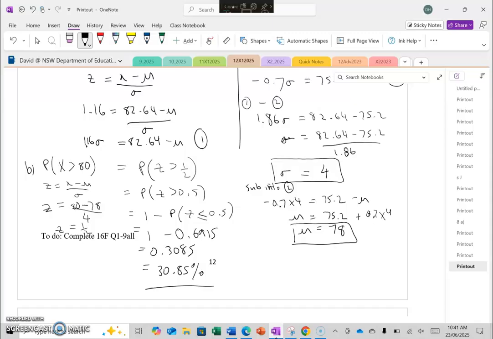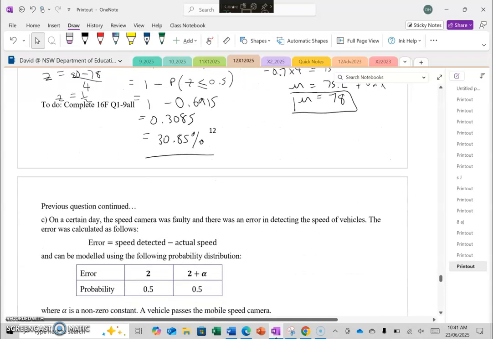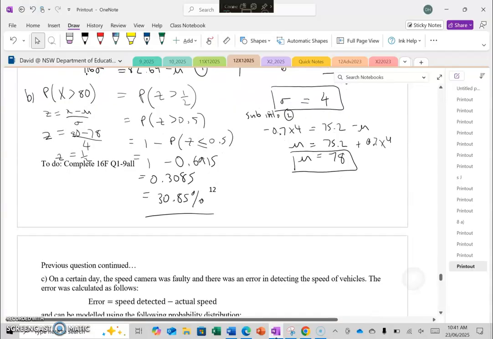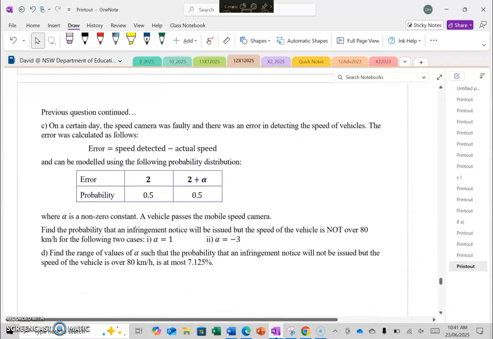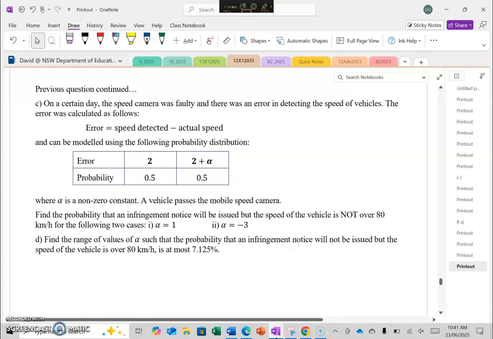The question gets trickier now. The question's still going. Next page. We've worked out the standard deviation and mean, which carries through. Let's read. On a certain day, the speed camera is faulty. There's an error detecting the speeds of the vehicle.